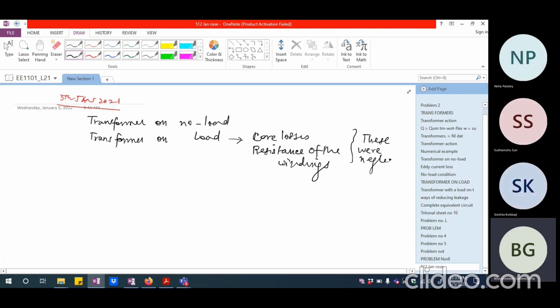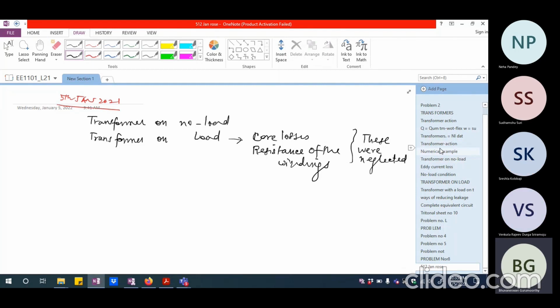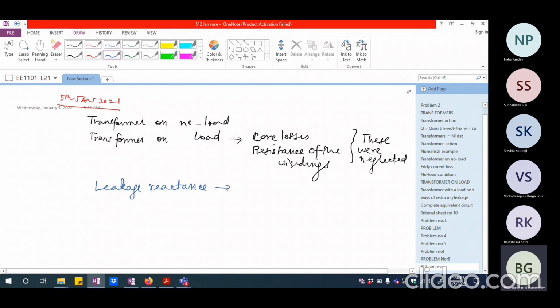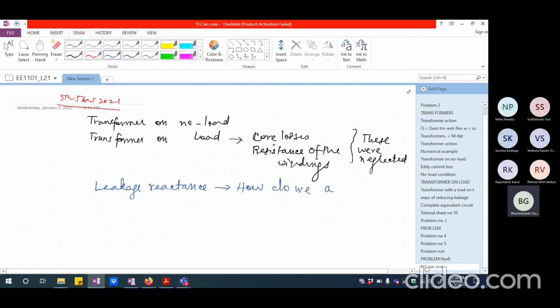So what we are going to do now is to consider those things also. Whatever we neglected, we want to consider those things as well. Last class, what we actually looked at was the leakage. If we have a leakage reactance of the transformer, or leakage flux of the transformer, how do we account for it? So that we said basically that you have to take whatever is the winding.